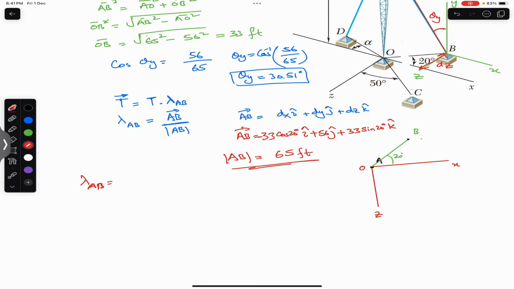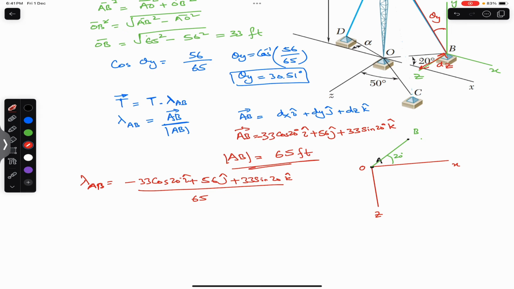So now we can say that the position vector is minus 33 cos of 20 i plus 56 j plus 33 sine of 20 k divided by 65.